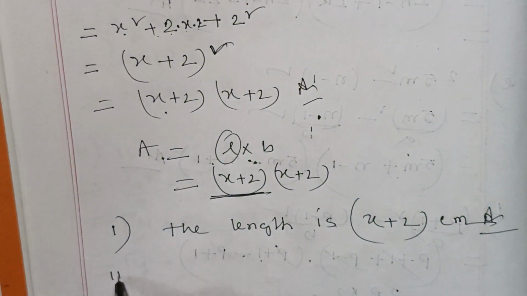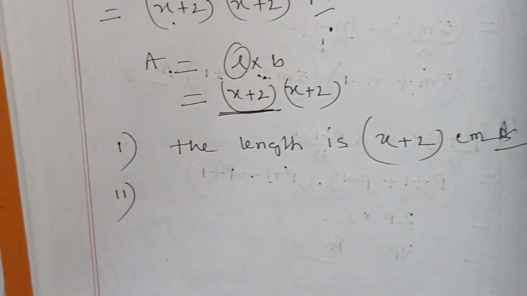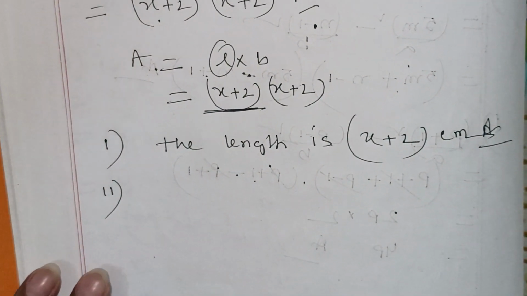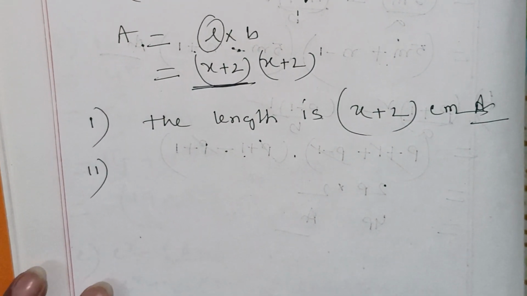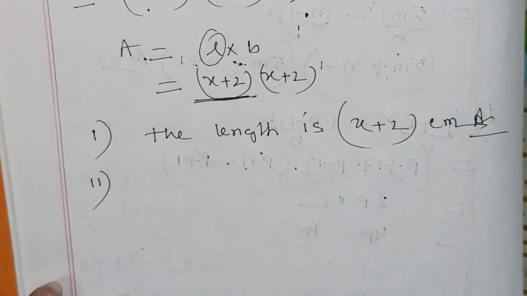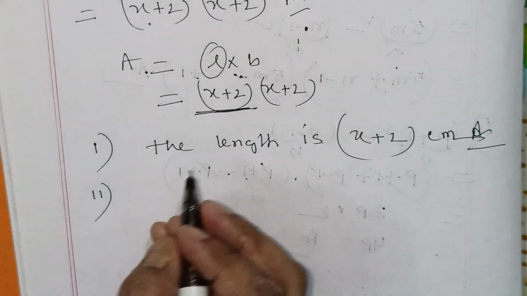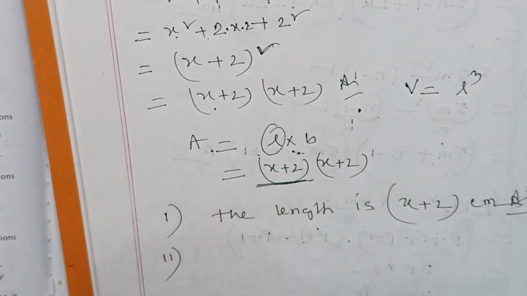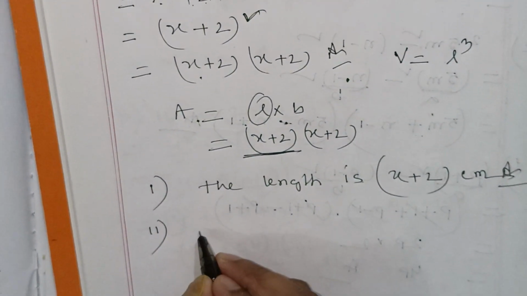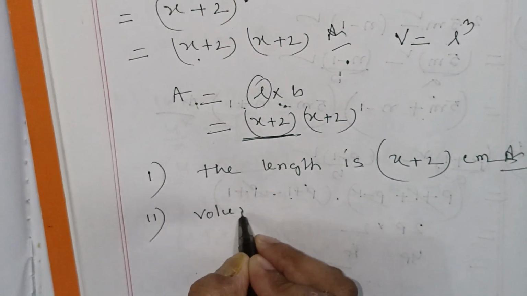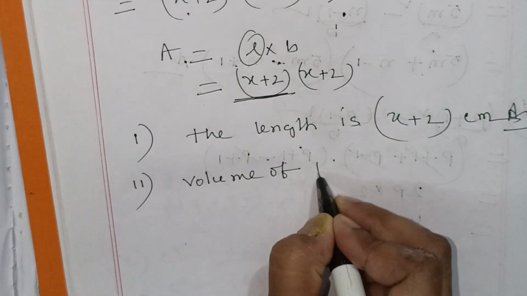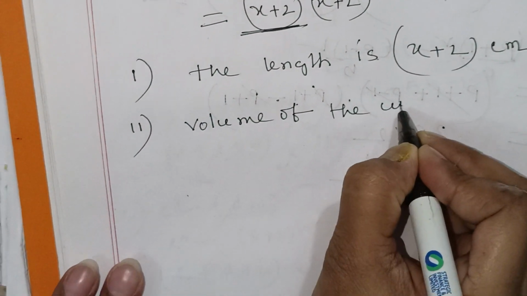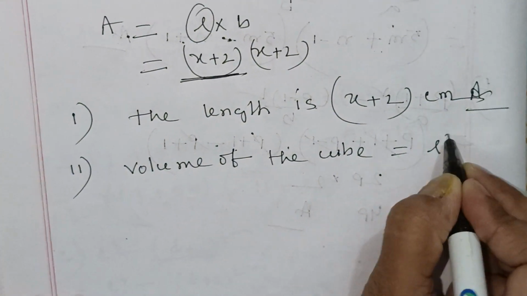Now number 2, in this question it said find out the volume of the cube. So at first we have to know the volume formula of the cube. The volume formula is length cube. So volume of the cube is length cube.